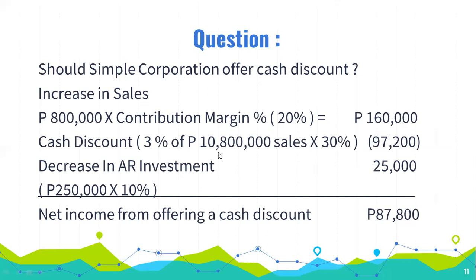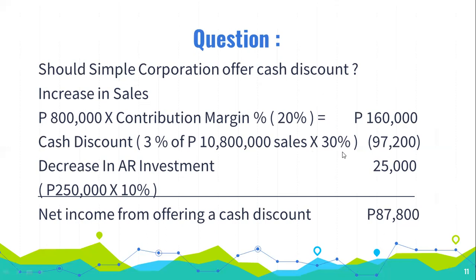Secondly, we have the cash discount. Take note that cash discount is an additional expense to the company. How do we solve this? 3%, which is the cash discount, times 10,800,000, because this will be the sales in the new policy, times 30%.